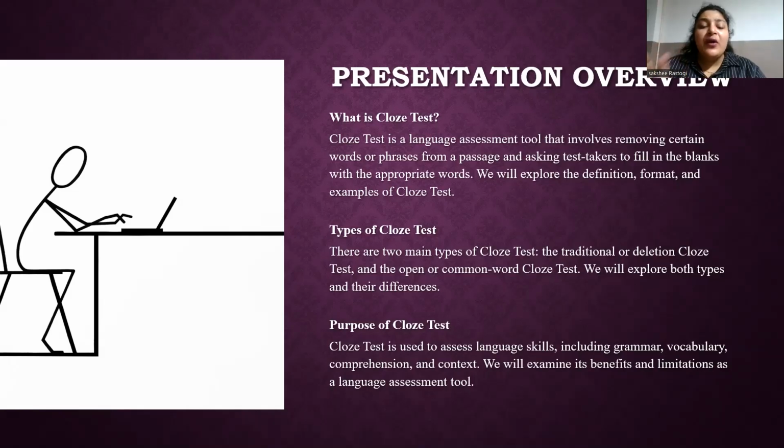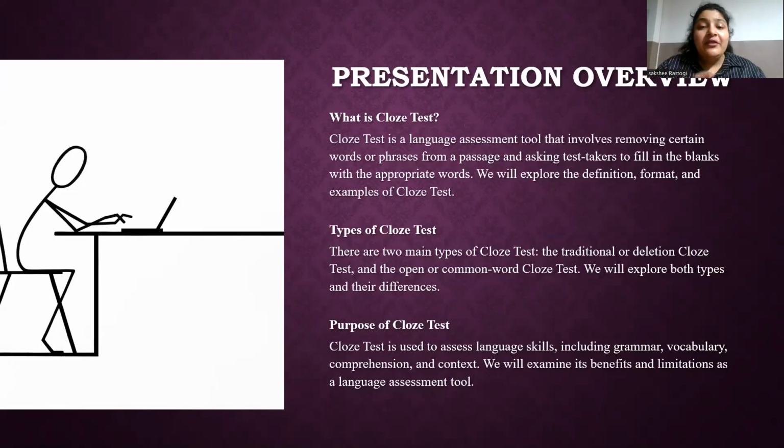You can measure vocabulary knowledge, which determines a person's understanding of words and phrases in context. You evaluate grammar and syntax by assessing a person's ability to use grammatical structure and syntax correctly. It assesses language fluency, which measures a person's ability to use language efficiently and effectively.